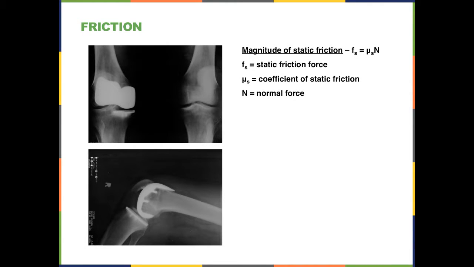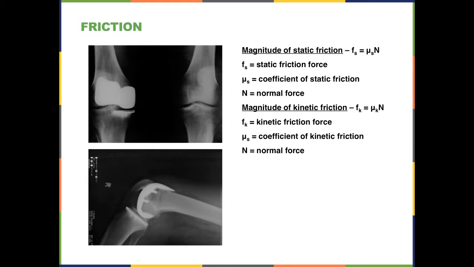So what we have here is the static friction force, the coefficient of static friction, and the normal force. Kinetic friction is exactly the same, except now it's the coefficient of kinetic friction as opposed to the coefficient of static friction. And the coefficient of kinetic friction is always less than the coefficient of static friction.